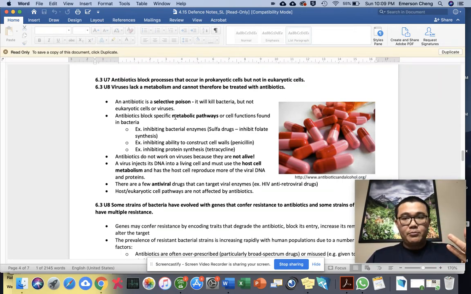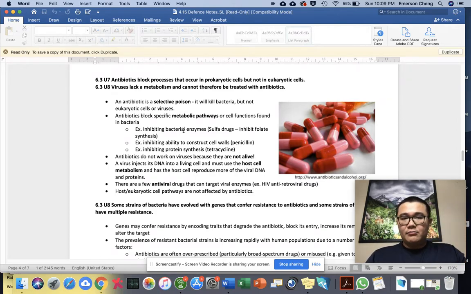If you remember your prokaryote cells, the ribosome is 70S, versus our ribosome, which is 80S. There's a lot of things which are quite different. Some bacteria have a shell. We don't. So these are some examples of where antibiotics act.